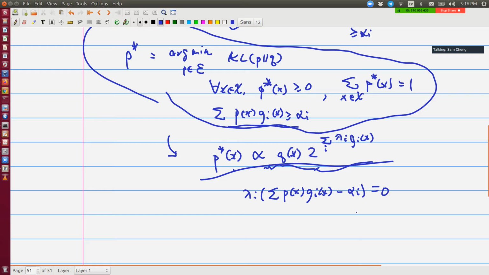That's the complementary slackness condition. And lambda i should be bigger than or equal to 0 for all i, for i equal to 1 to k, if I have k of these conditions here. And of course I also have conditions for these guys here, but it's okay. So anyway, this is the solution.